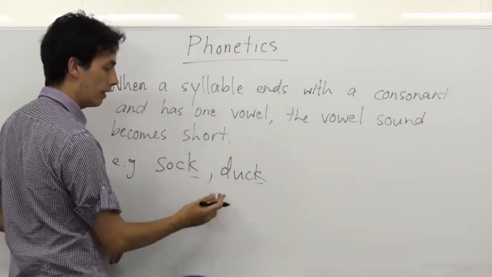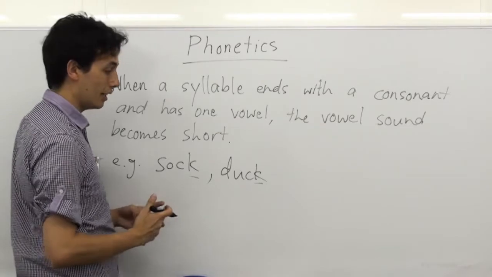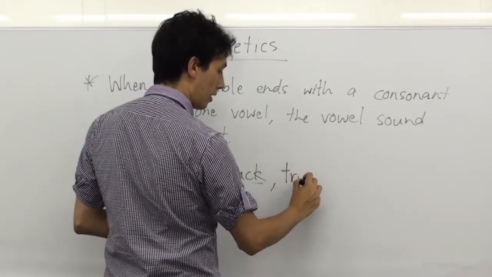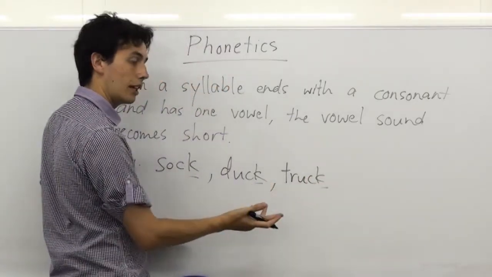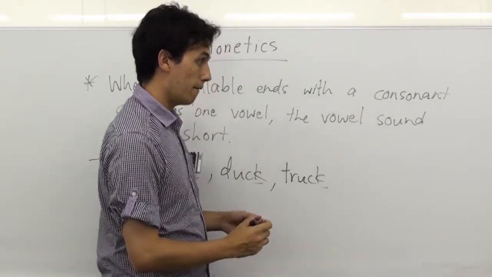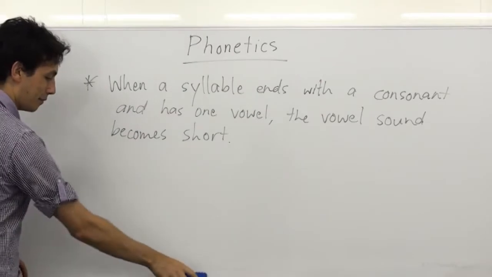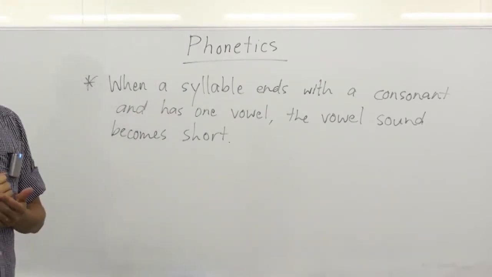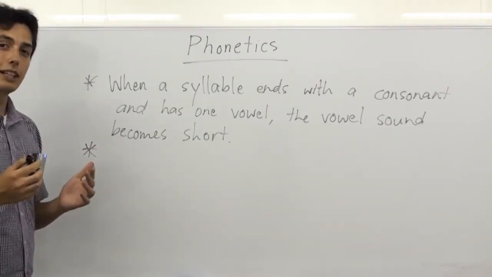Same again, ends with a consonant, just one vowel, so it's a short sound, duck. Then a bit longer, truck, same sound. Short sound, truck. And so those are some examples.